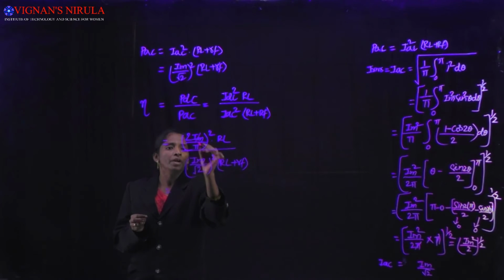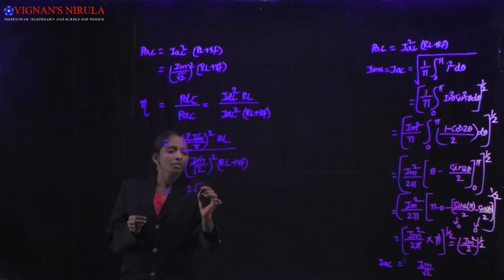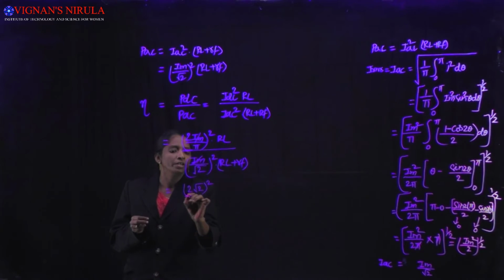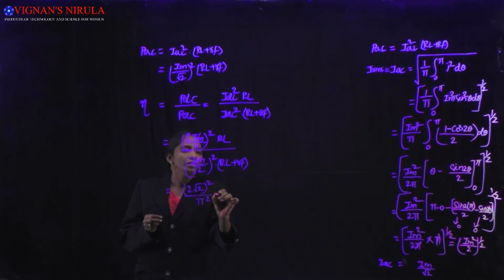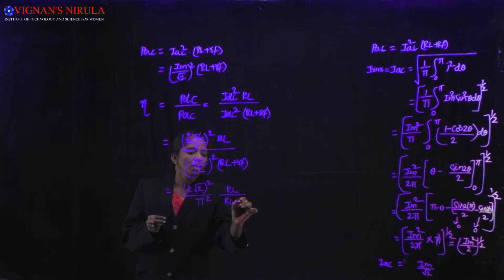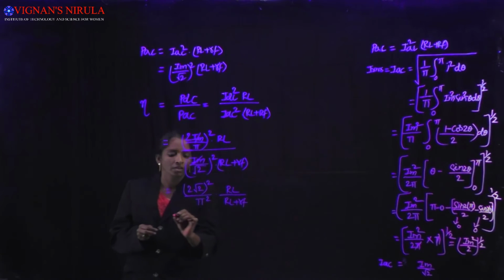Here Im gets cancelled and cross multiply the equation. Then we are getting 2 into root 2 whole square divided by pi square into RL divided by RL plus RF.